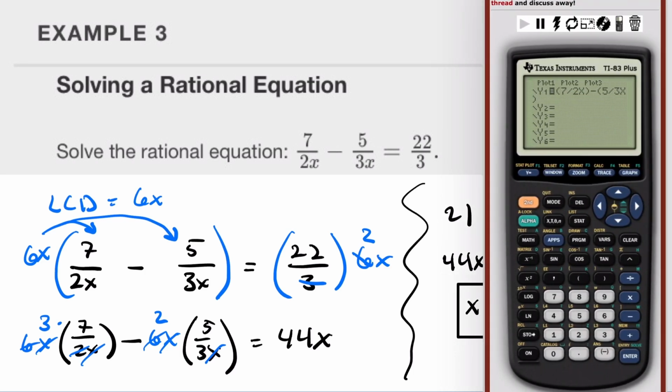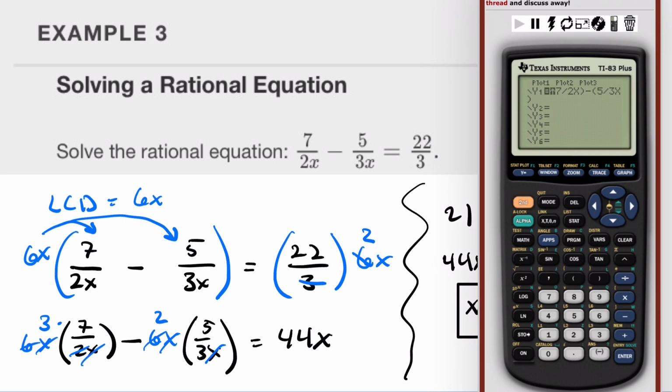Oh, maybe I need parentheses there. Let me retype this, but let me use some parentheses. Maybe that might be throwing it off. Maybe I didn't type it here properly. So then 7 divided by, I'm going to say parentheses, 2x.